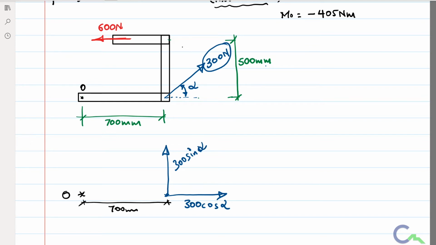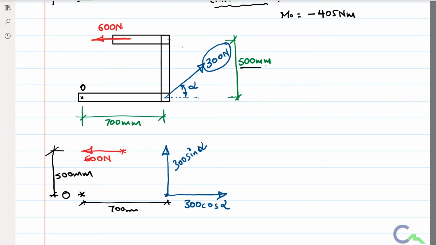Then we have one more force, that is 600. There is no vertical component for 600 because it is acting exactly horizontal. The distance of the 600 Newton force from O is 500 mm. They gave that in the question.